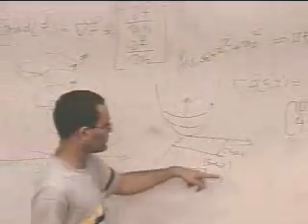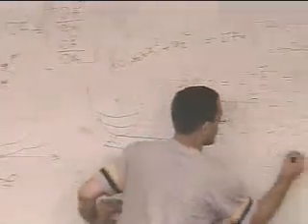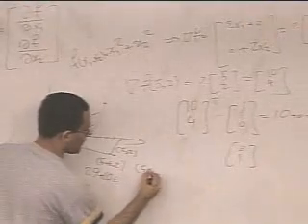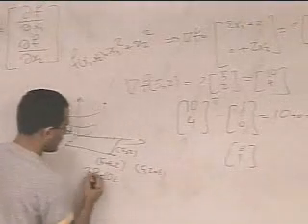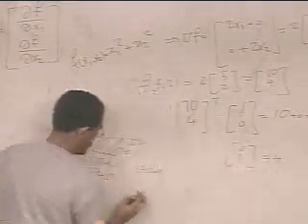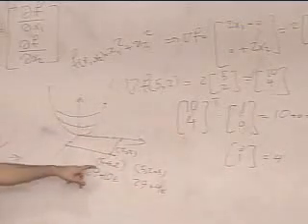Now if I go in the direction of (0, 1), instead of going to (5 plus epsilon, 2), I go to (5, 2 plus epsilon). Then my function would be 29 plus 4 epsilon. So the rate of change in this coordinate is faster than that.